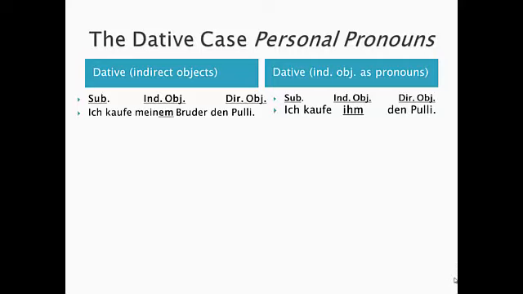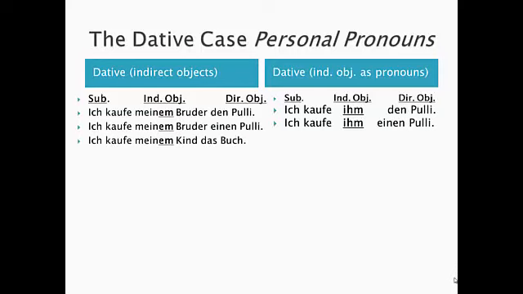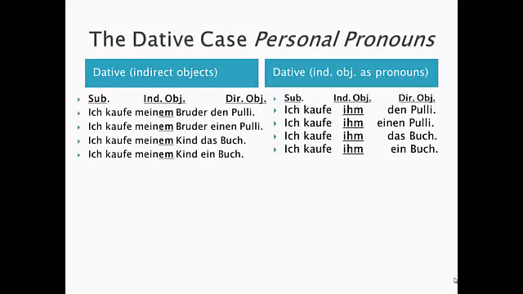Let's look at these other examples. So ich kaufe meinem Kind das Buch. Since this is an example of a neuter indirect dative object, the dative pronoun will be the same as the masculine. Okay. Ich kaufe ihm das Buch. Now let's look at the feminine.